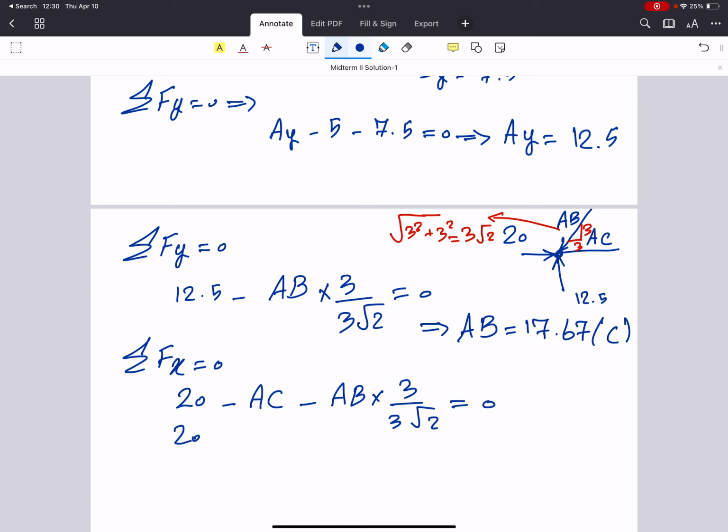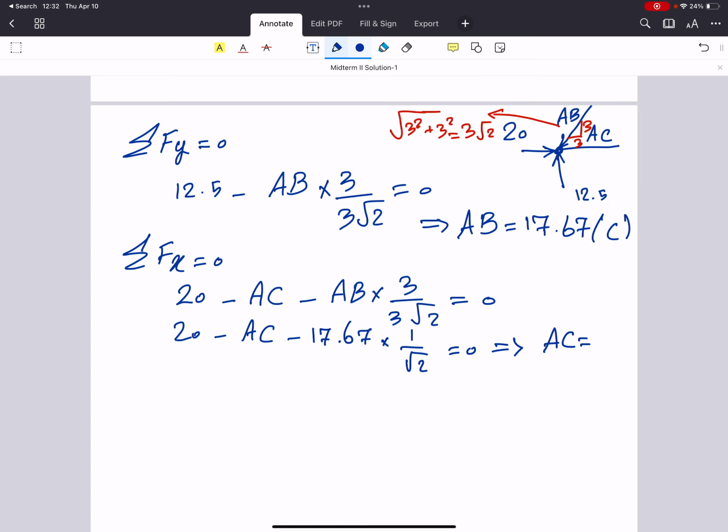We already know AB, which is 17.67. So we can cross-multiply, so we have this one. My AC will be 7.5. And that is also a compressive force.